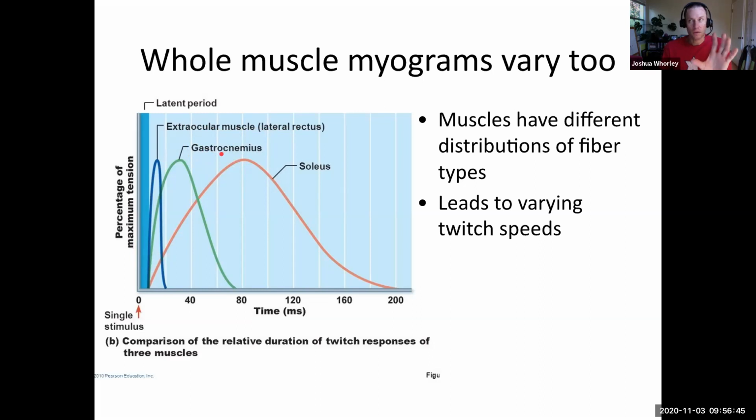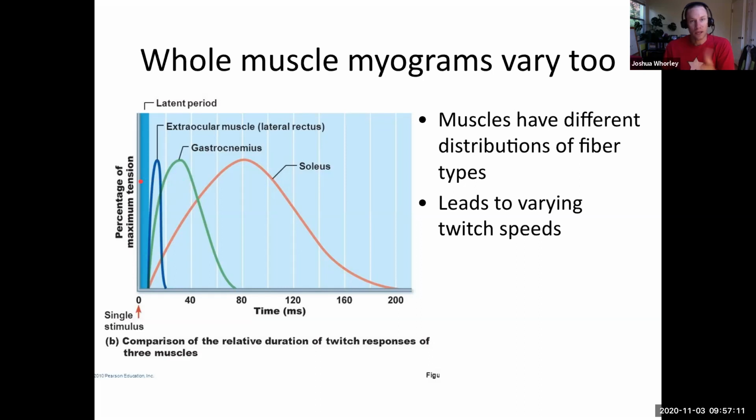You remember this is your calf muscle, the outer, most superficial calf muscle, the one that makes that little kind of U in the back of your leg. And then the soleus is a broader, flatter muscle that's deep to the gastrocnemius, also in your lower leg. So remember, whole muscles have all these different fiber types in them.